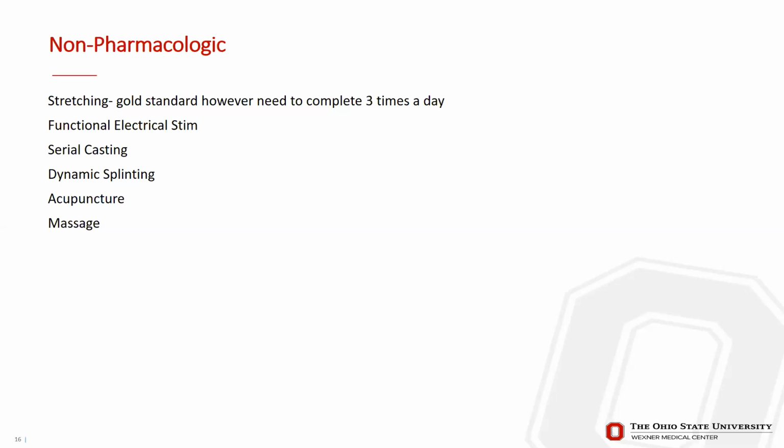There are other things like functional electrical stim, serial casting, dynamic splinting. There are some case reports on acupuncture. There's not a lot though, and it's not 100% with acupuncture. In my time of doing acupuncture, I've only really had maybe 3 or 4 patients that we even had success with for spasticity, when I think of the hundreds of patients I've treated.